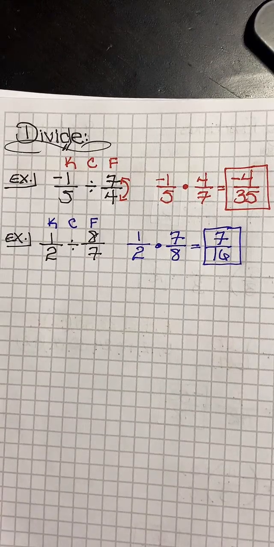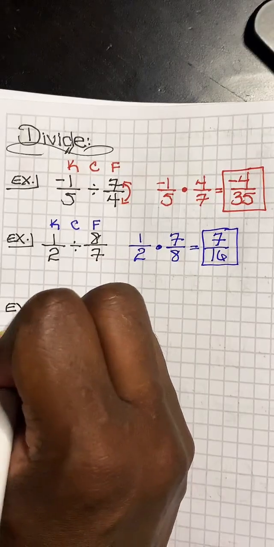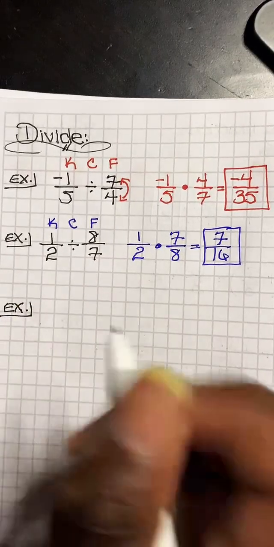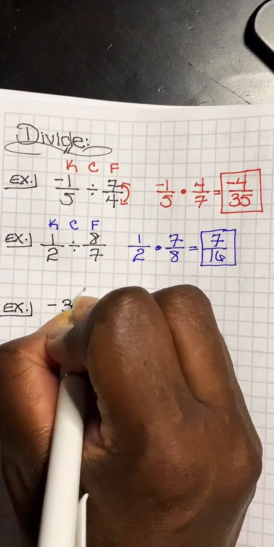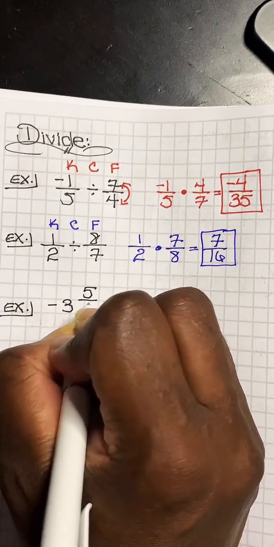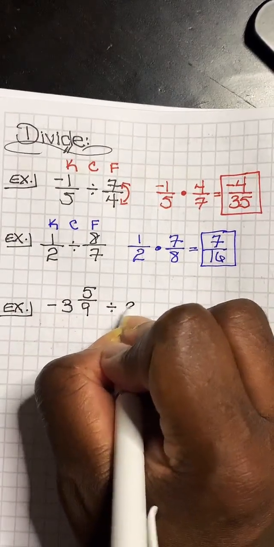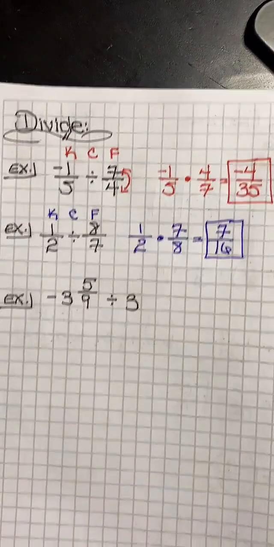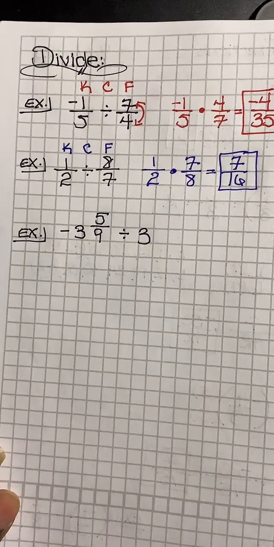All right. So let's turn it up a little bit. So we have -3 5/9 divided by 3. Ooh, she really turned it up.